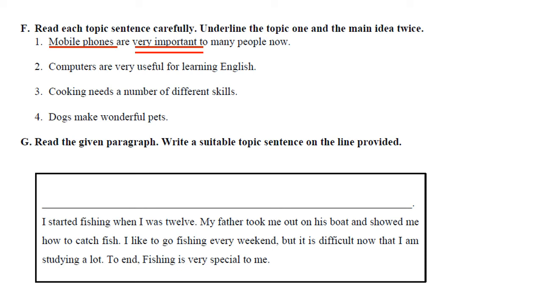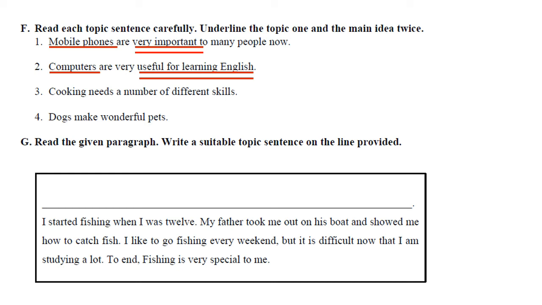Second sentence: computers are very useful for learning English. What I'm going to talk about in general is computers. But specifically, I'm going to say that they are useful for learning English, and then I'm going to state how or why. Number 3: cooking needs a number of different skills.